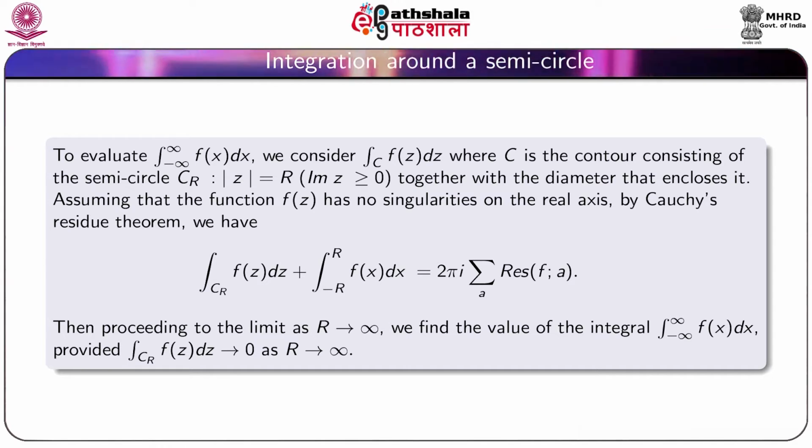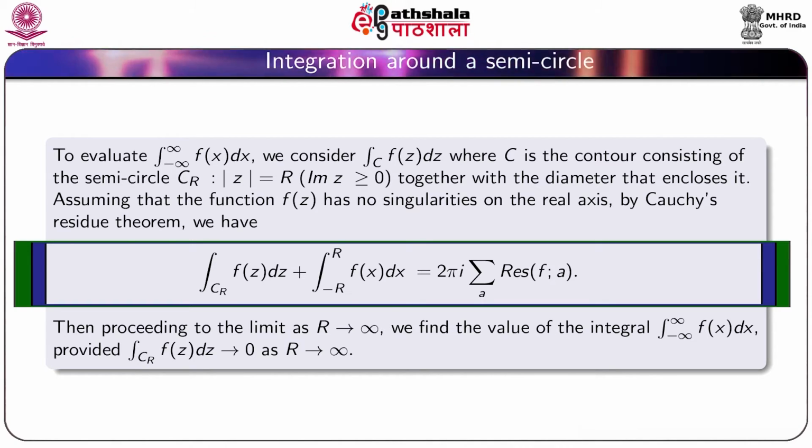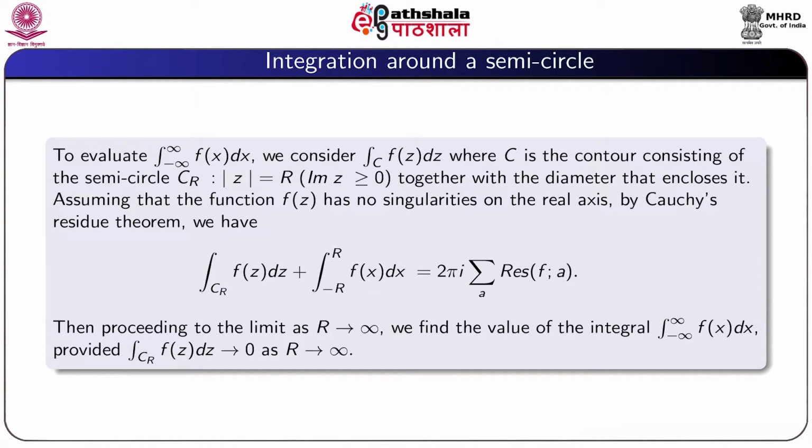Assuming that the function f(z) has no singularities on the real axis, by Cauchy residue theorem we have the integral over C_R of f(z) dz plus the integral from −R to R of f(x) dx is equal to 2πi times the sum of residues of f at a.